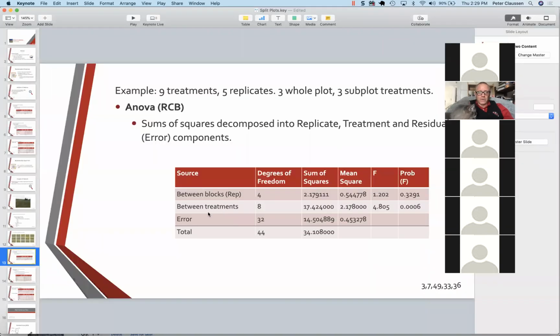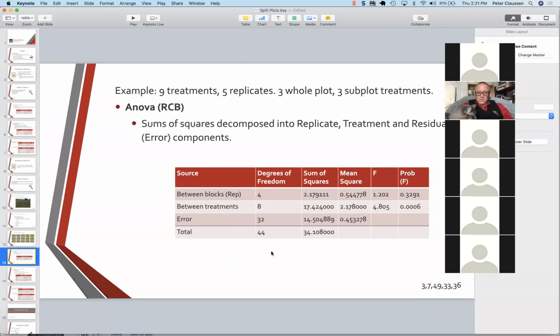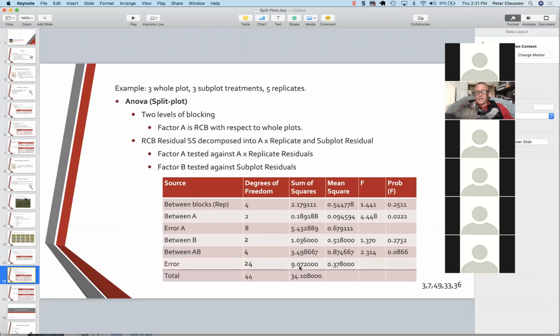We see that we have our between A is, again, the decomposition of the treatments A, B, and AB, but there is an additional level of error. Actually, what we're doing is decomposing some of the residual sums of squares. So there's error 14 and error 9.